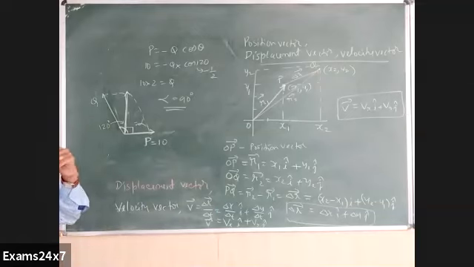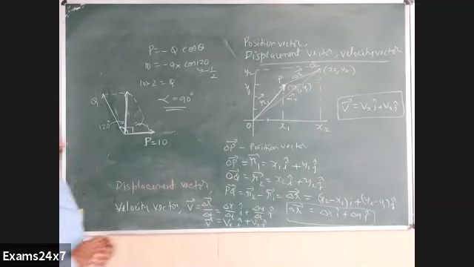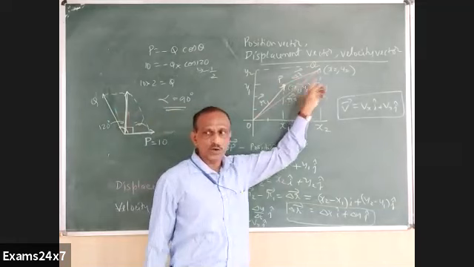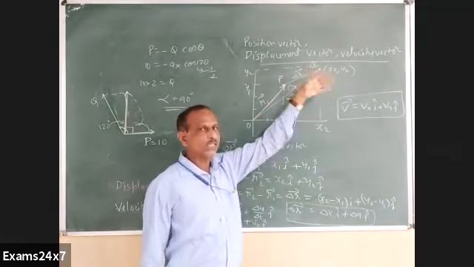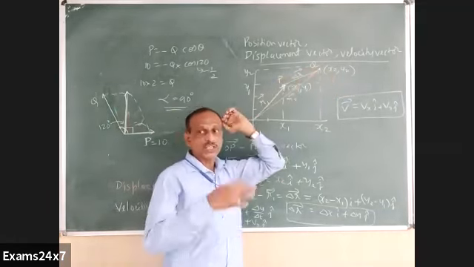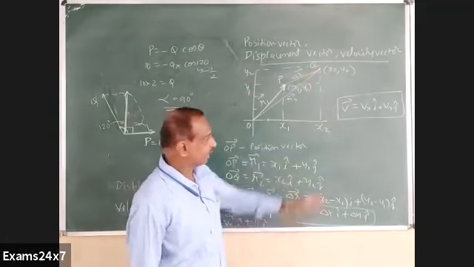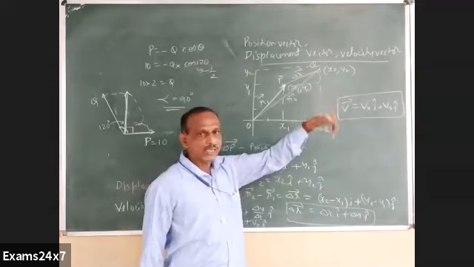And finally, what is acceleration vector? While moving from P to Q, if there is a uniform motion, then there is no acceleration. If it is an increasing velocity case, then we say there is an acceleration vector A, which is delta V by delta t.